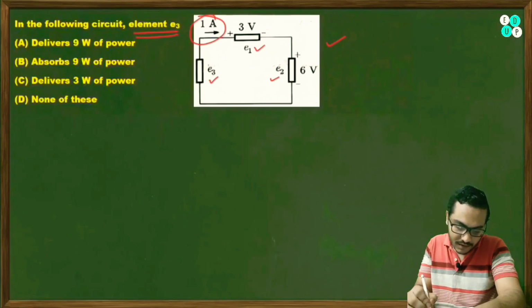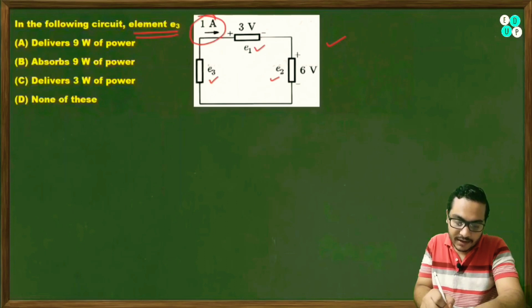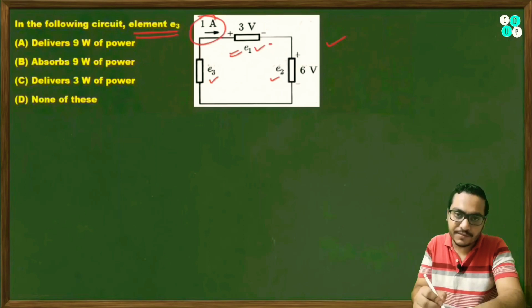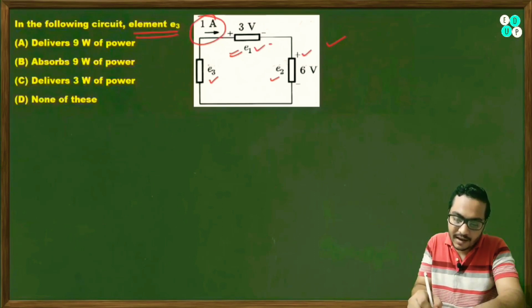For element E1 the current is entering the positive dot and leaving from the negative dot, so the power is absorbed. Similarly for E2 the current is entering the positive, so the power is absorbed.